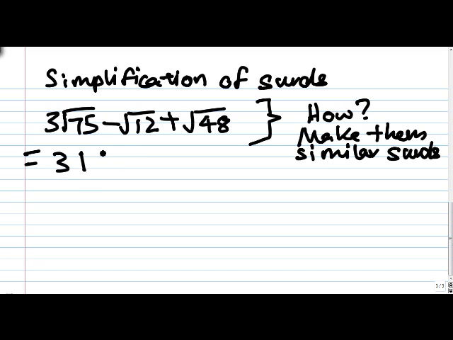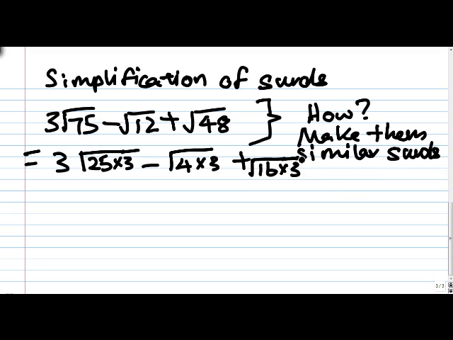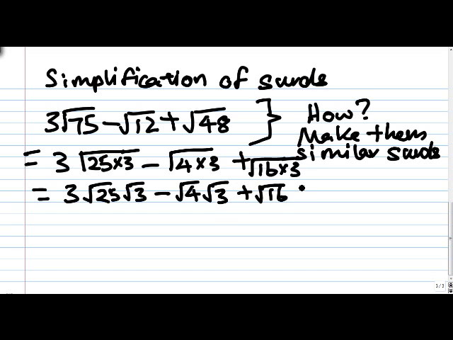This can be written as 3 square root 25 times 3 minus square root 4 times 3 plus square root 16 times 3. You can write this as 3 square root 25 square root 3 minus square root 4 square root 3 plus square root 16 square root 3.